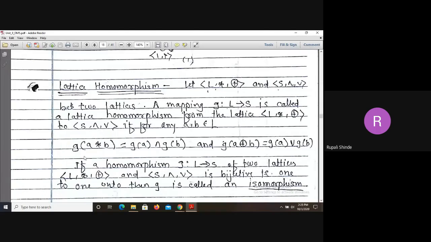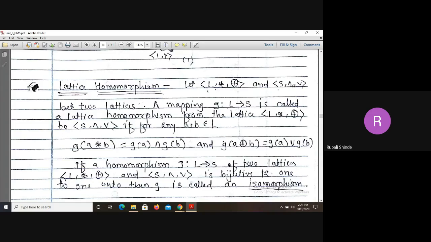Now suppose we want to apply this function g separately on element A and element B. Then at that time we can take g of A, g of B separately, and on these two elements we can perform the AND operation. Why can't we write the OR operation here?